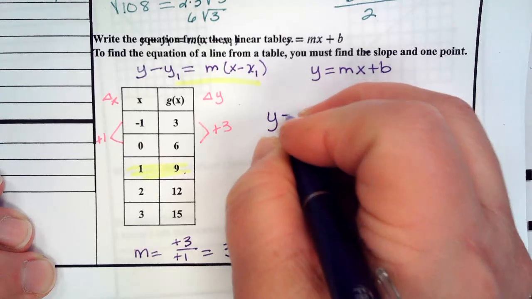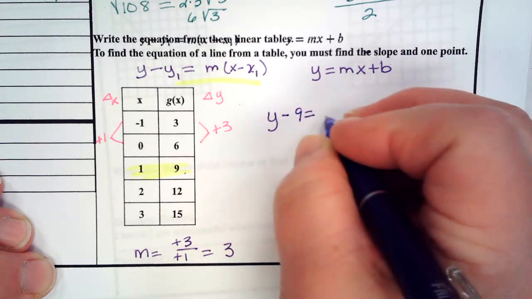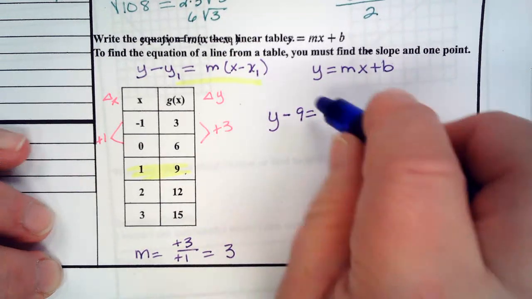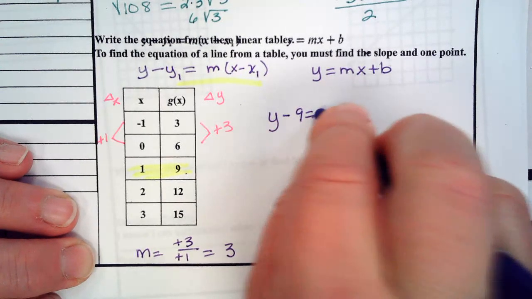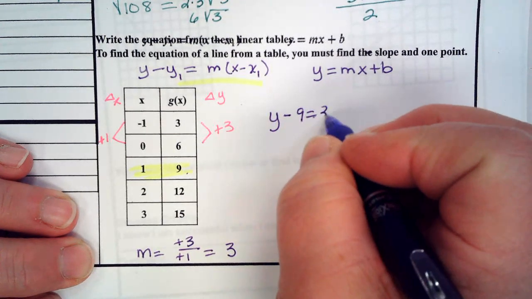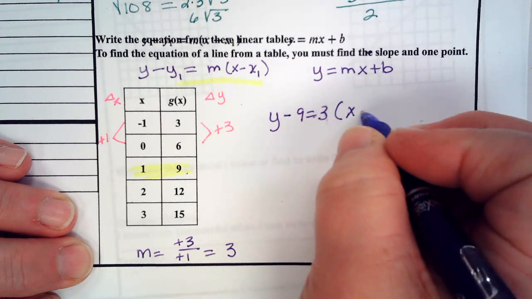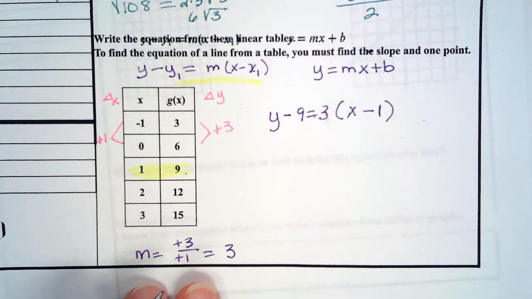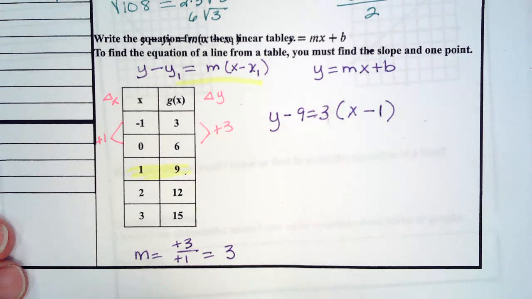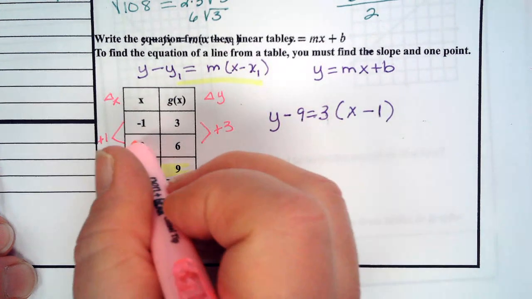Y minus 9 is equal to 3 times the quantity of x minus 1. Do I need to simplify anything? No, I'm done. For the second one, we actually have to look and see where x is equal to 0.